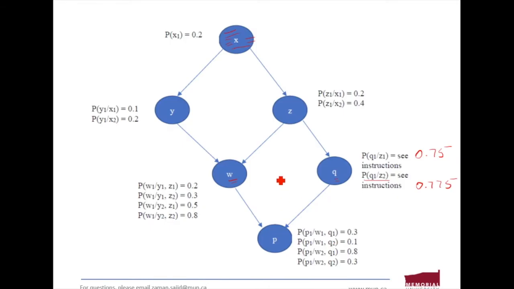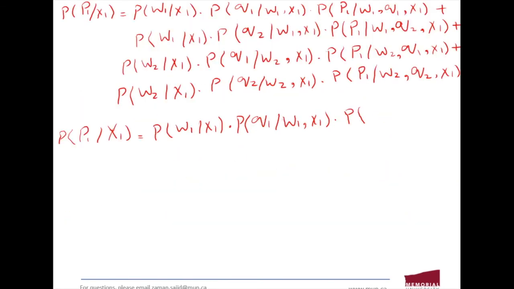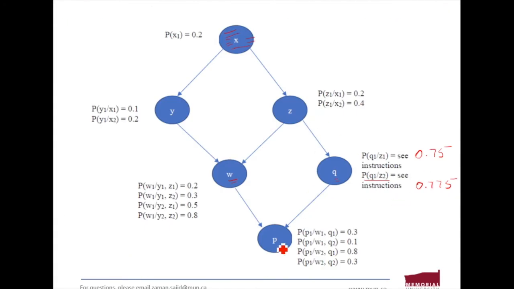The P has the parents of W and Q. So in this equation, I can simply ignore the X1 according to the Markovian conditions. So this will be the probability of P1 given W1 and Q1. Again, why am I not writing X1 here? Because X is not the immediate parent of P in the network.